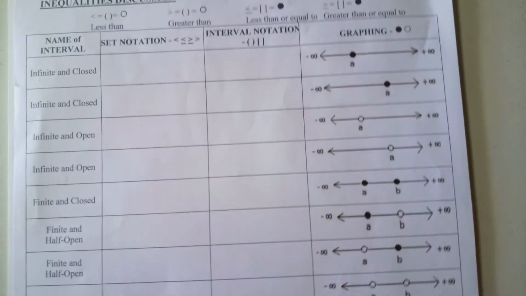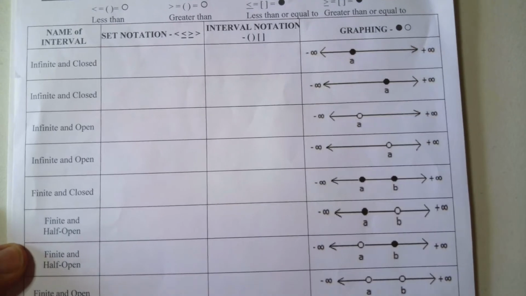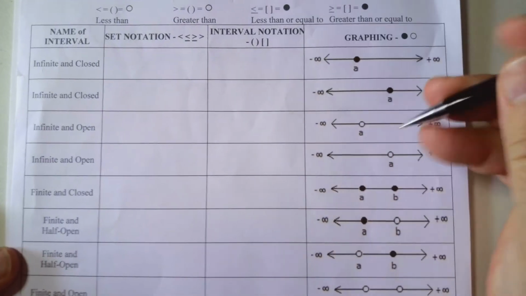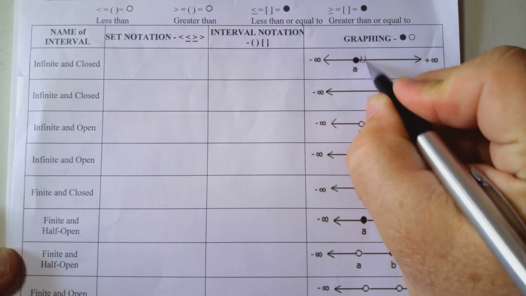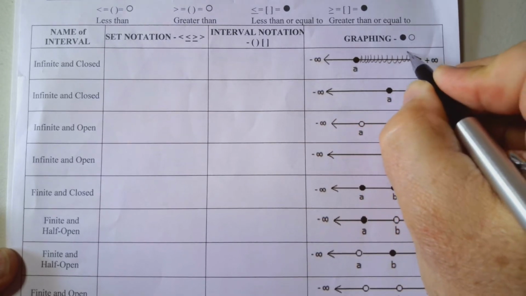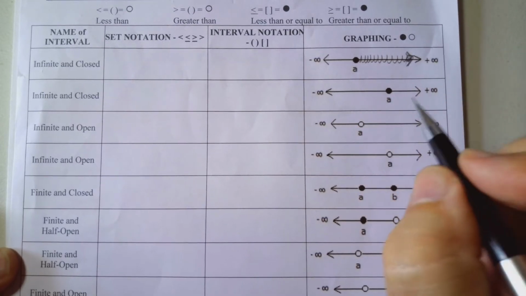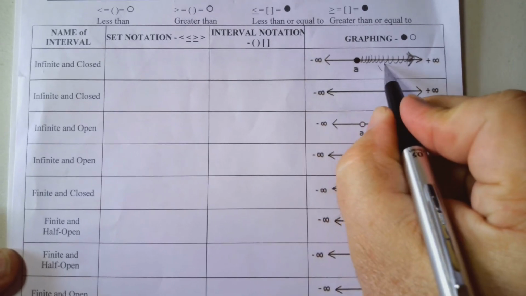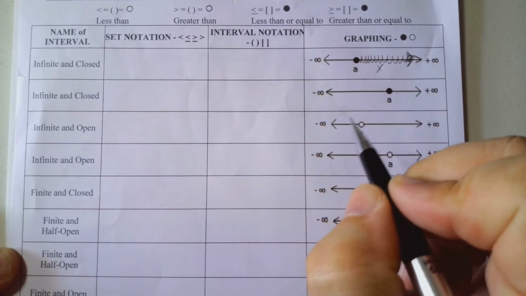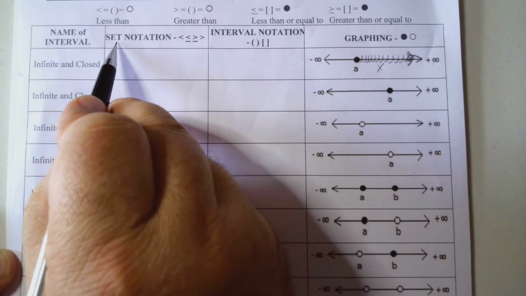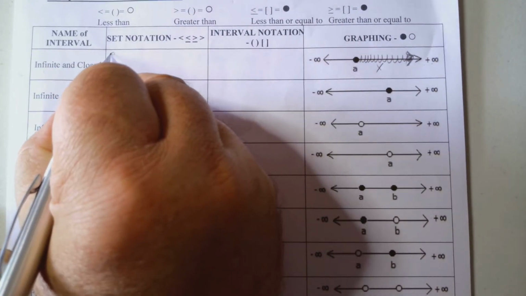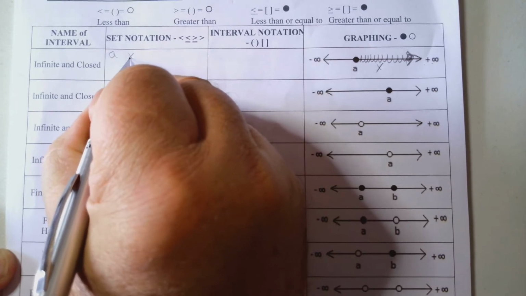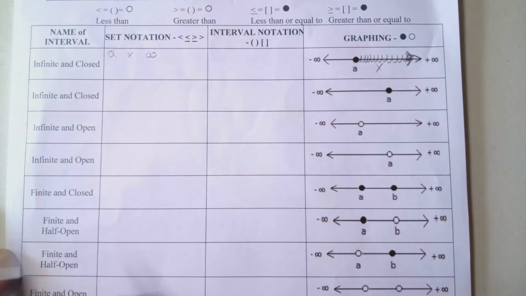Let's look at all possibilities here. All right, this is the first one. Let's start with the graphic. It's a solid dot, and I'm going to shade this way. These are my x's. It's going from a to positive infinity. So the set notation, I look at all three of these. I start off with a, go through x, and I end at infinity.